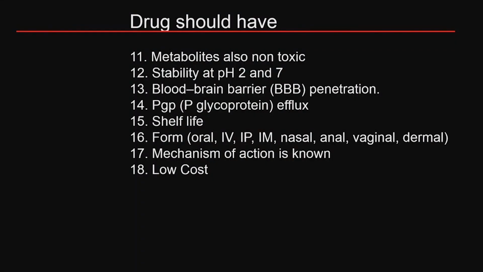And of course cost plays a very important role. If it is a new drug, new chemical entity introduced, so pharma companies will charge very high prices to recover the R&D cost. Such drugs are not sold in countries like India or third world countries, but once the drug comes out of the patent, then it becomes a generic drug, then the cost comes down.